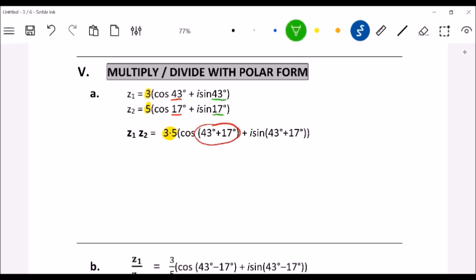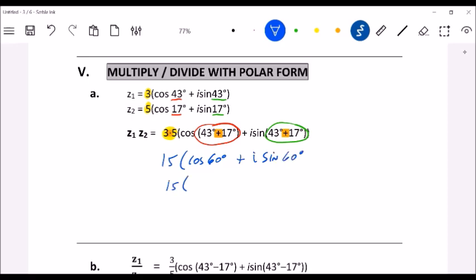So we have multiplying, and then we have adding, because the adding is inside with the cosine and the sine. So pay attention to that difference. And then we simply do the 15 times cosine of 60 degrees plus i sine, again, 60 degrees.